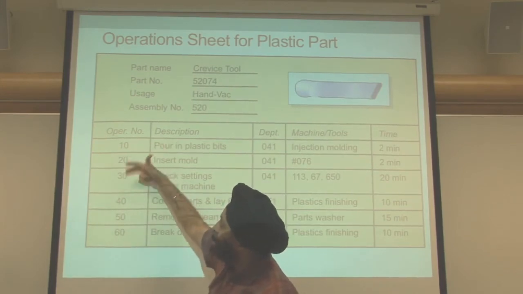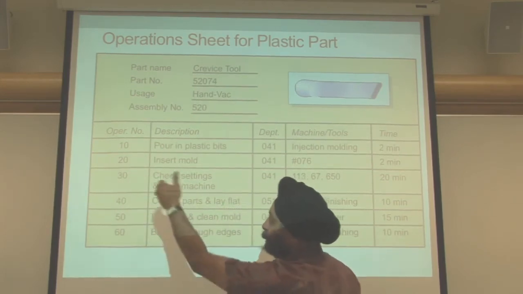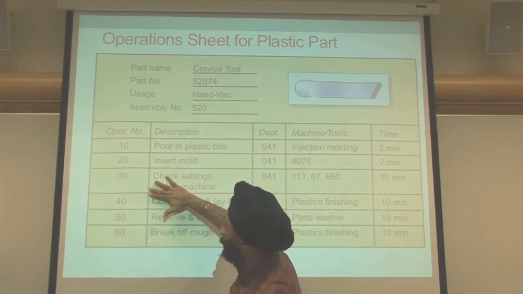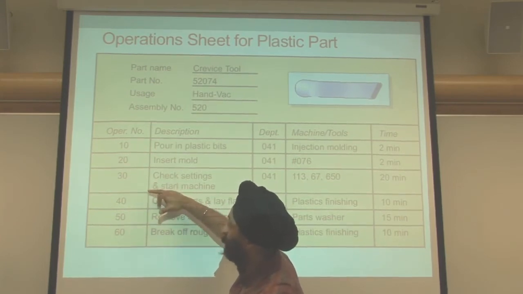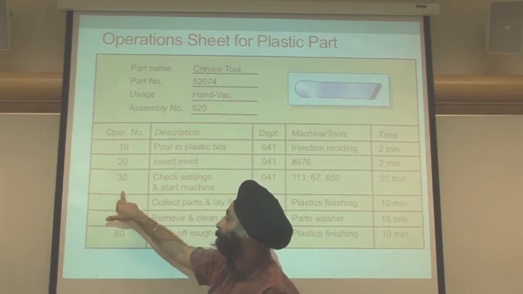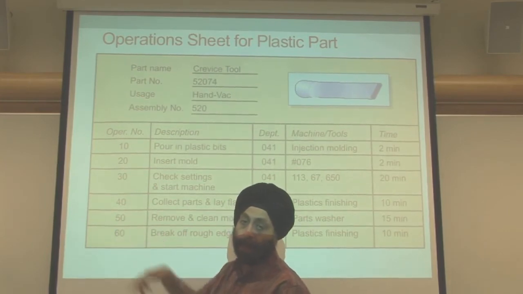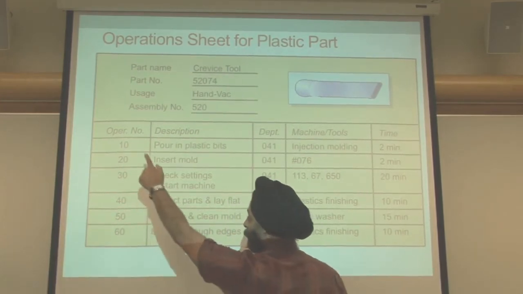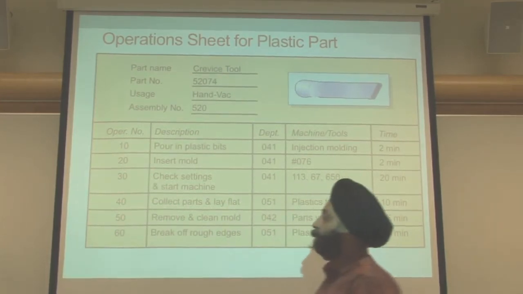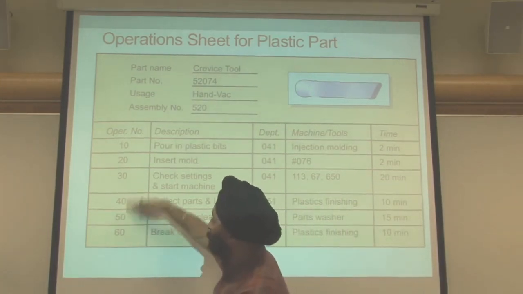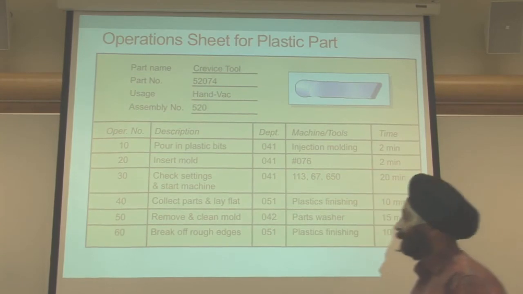So the convention is to use 10, 20, 30, 40. That way, if we need to add additional steps, we can always call it anything between 31 and 39, and it can still be computer coded accordingly, without all the remaining numbers changing and confusing things back and forth.